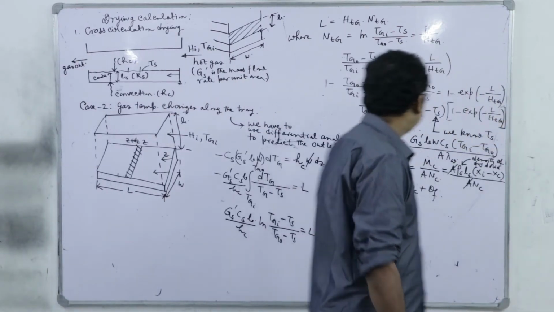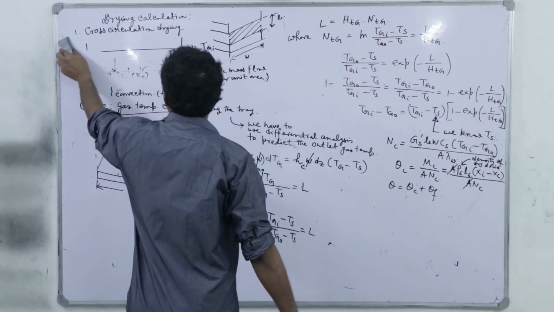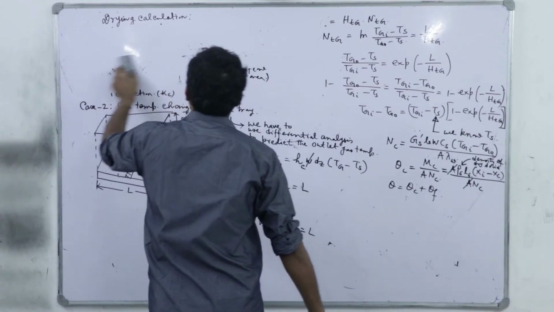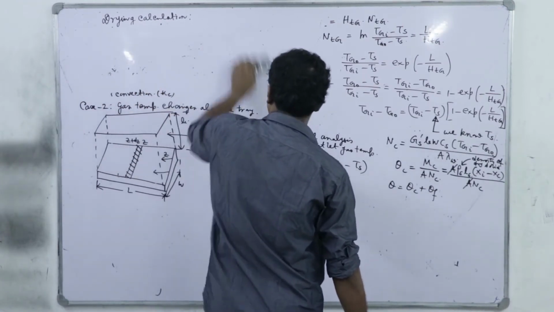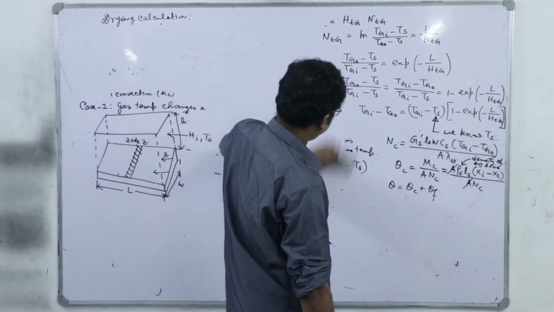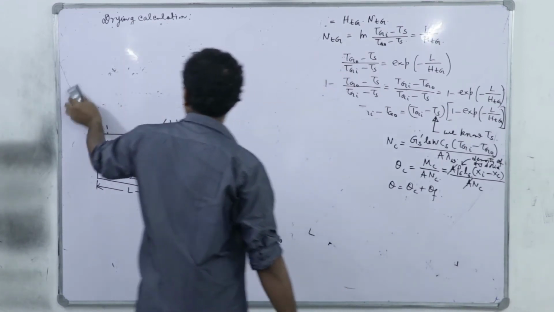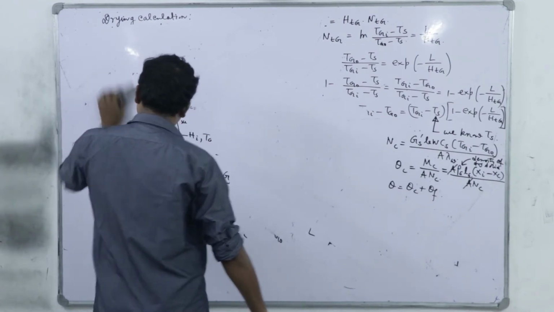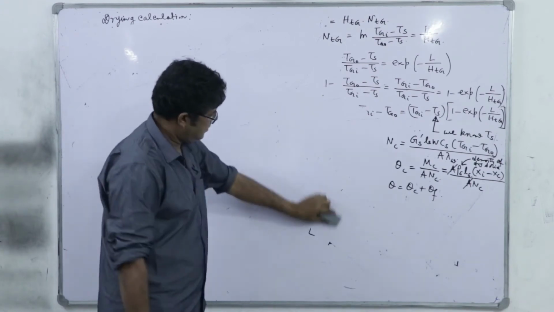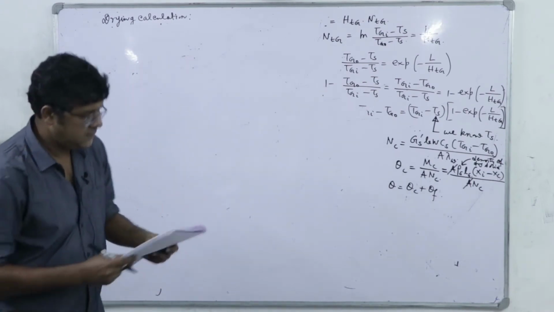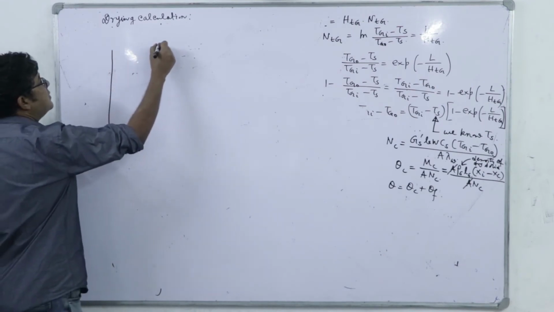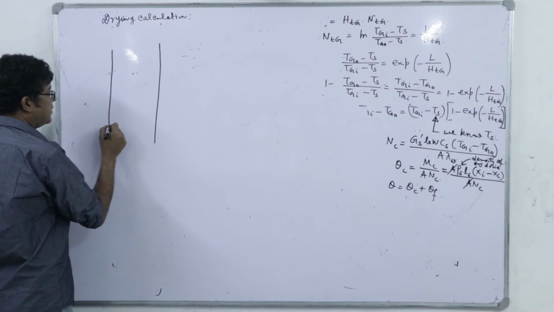So next is a case of through circulation drying, and again in through circulation drying, see what happens. We have a bed of solid, right.